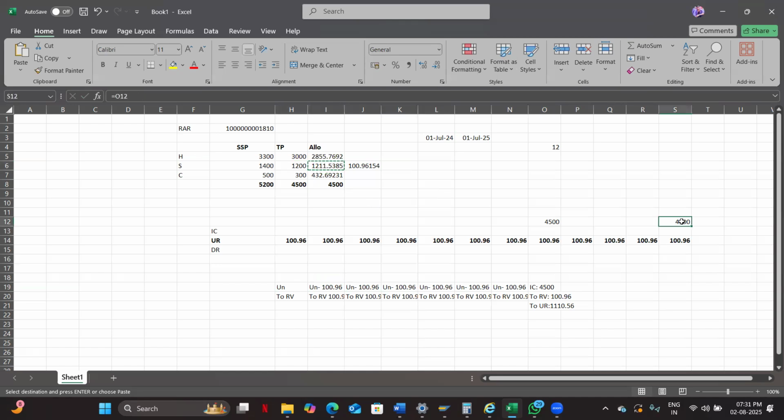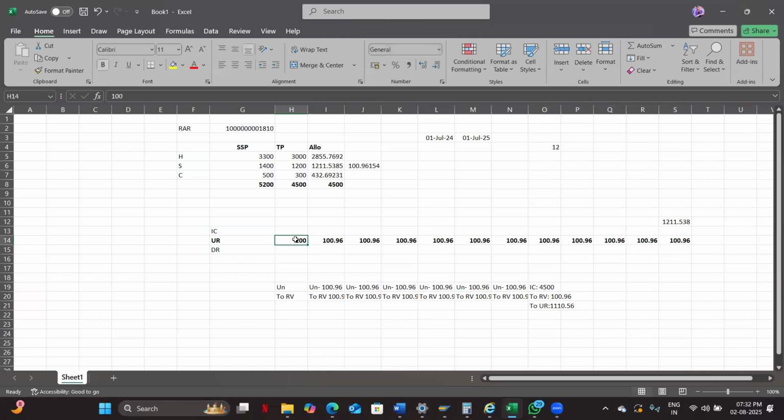If they paid this much here in the last period. Otherwise we can calculate the full amount. I will show you in the next class. That is not an issue.